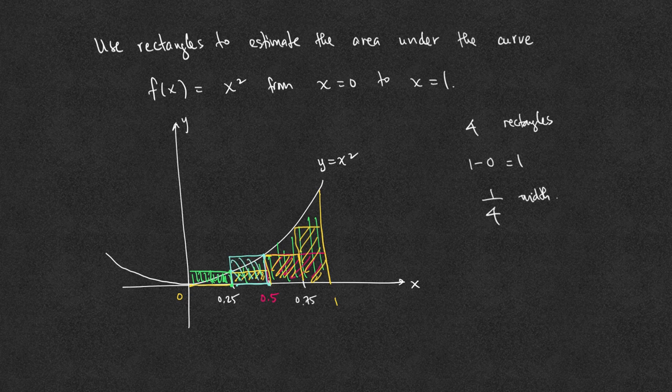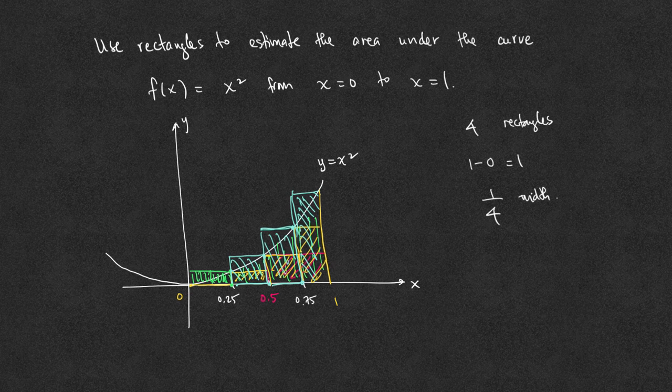For the third rectangle, again, we would use the right endpoints and then go to the function to find how high it is. That will give us the height of the rectangle, and we end up with 4 rectangles in this case because we're using 4 subintervals. When the function is increasing like this one, using the right endpoints would give us an overestimate.